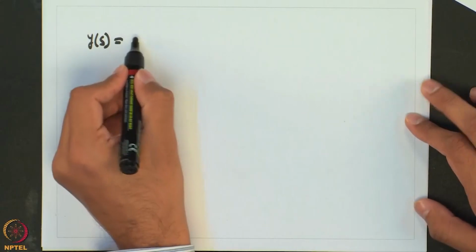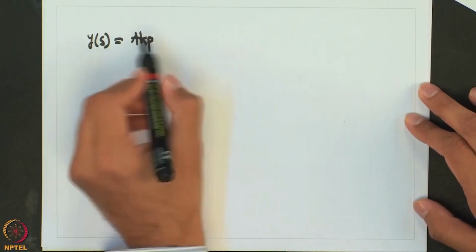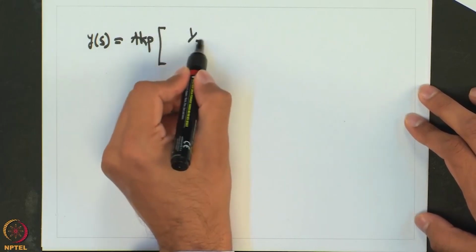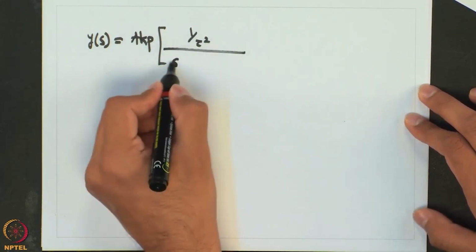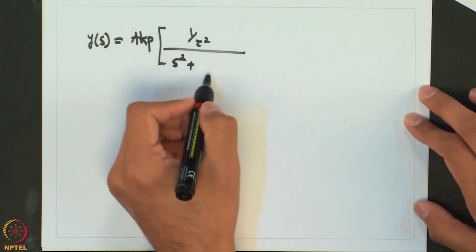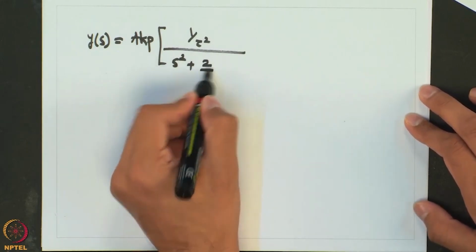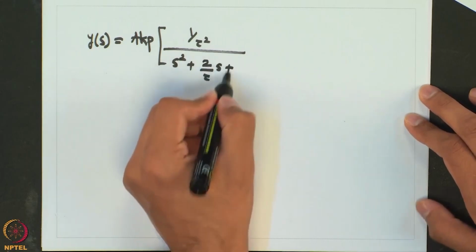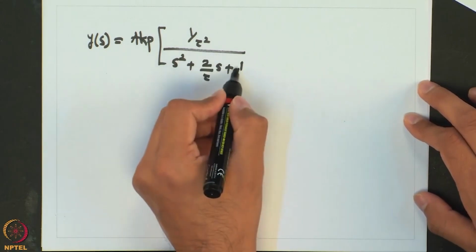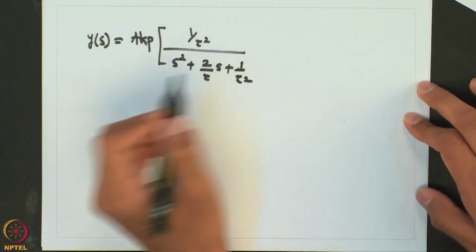So, what we would write as Y(s) will be AKp times 1 over tau square, over s square plus 2 over tau s plus 1 over tau square.